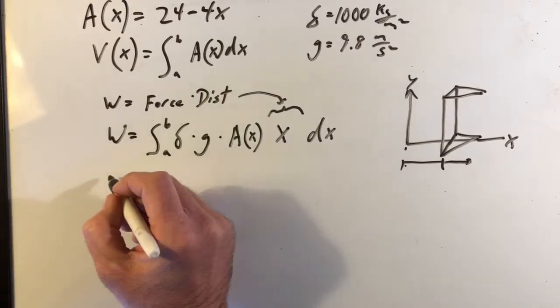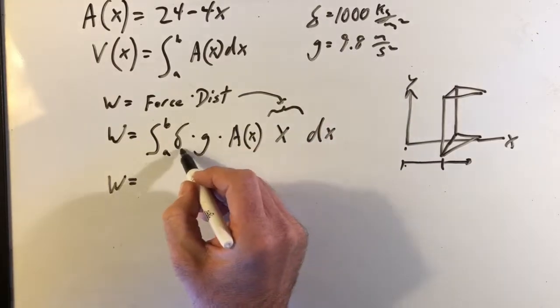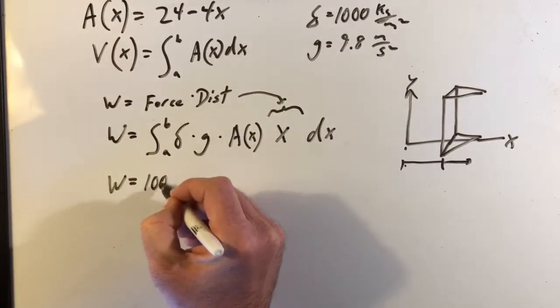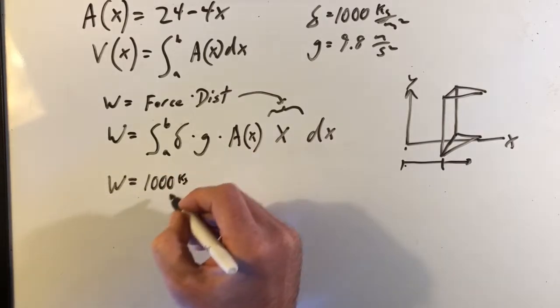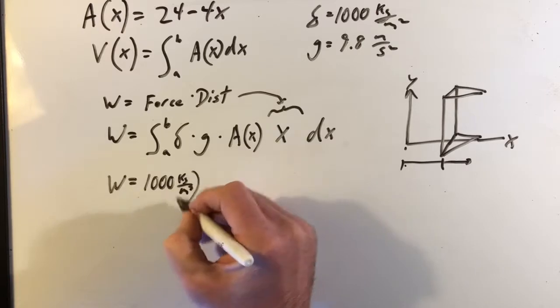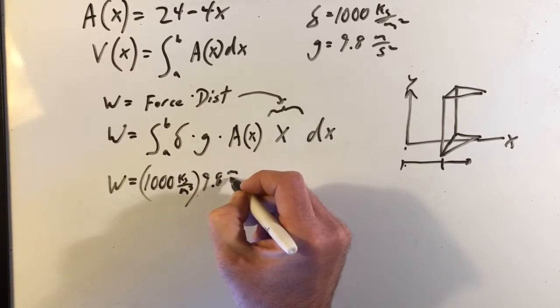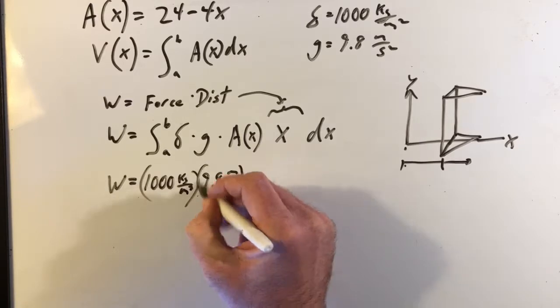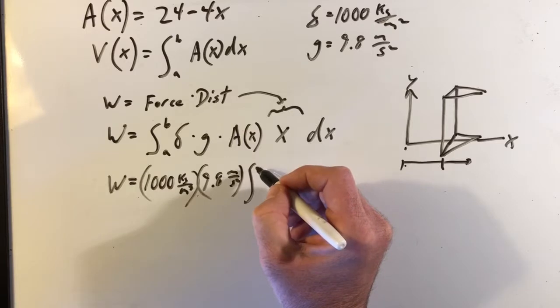And now let's plug some numbers in. So work equals, I'm going to take the density and put it on the other side of the integral because it doesn't really matter. It doesn't do anything if it's on the other side. And then I'm going to say times gravity because it's also a constant. Okay. And now the integral.